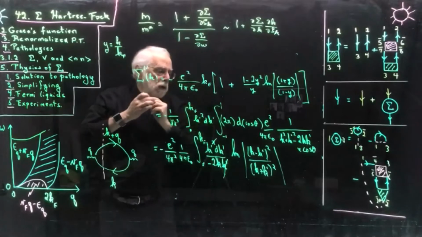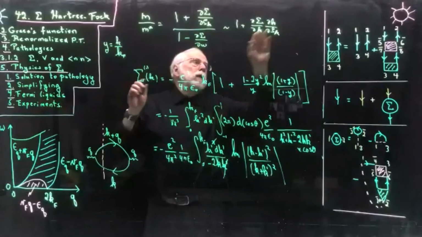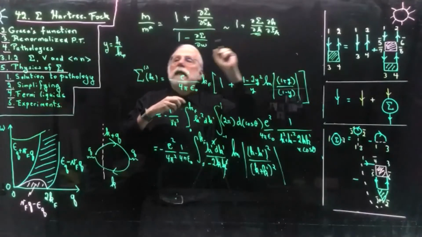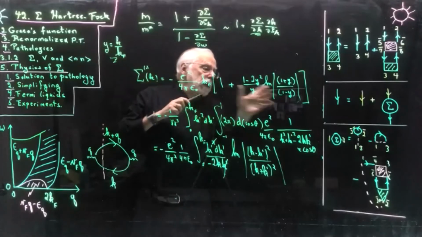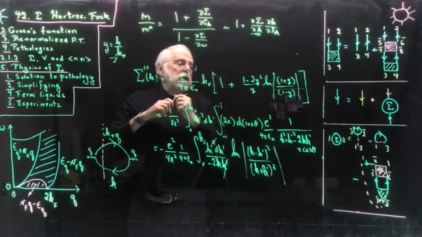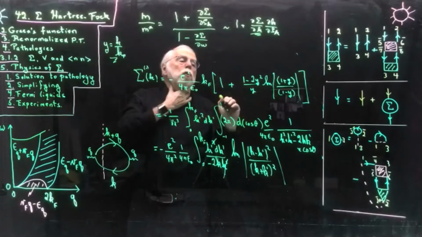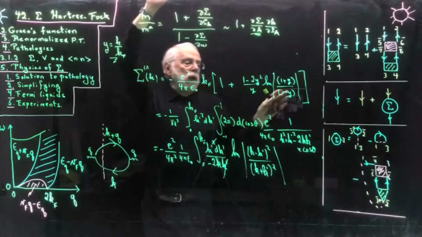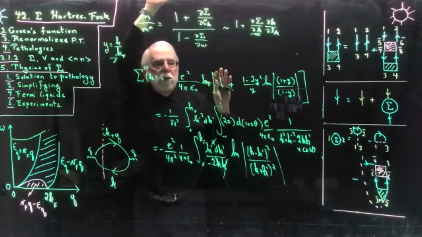Okay, so now if we take this expression and we differentiate with respect to k, it is like differentiating with respect to y. And the problem comes from this log here. So if I differentiate this with respect to y, I want to evaluate the effective mass at the Fermi wave vector, so at y equals 1.